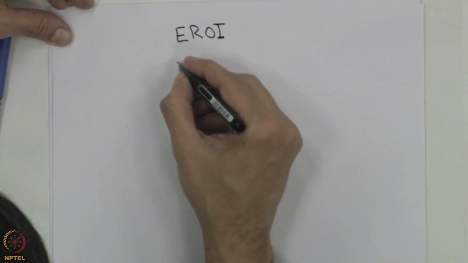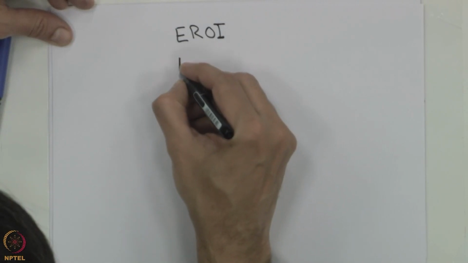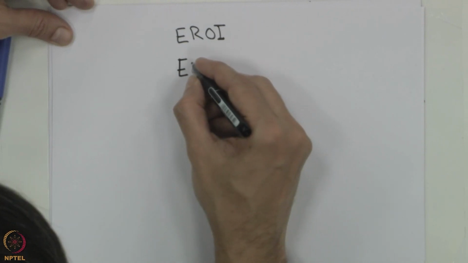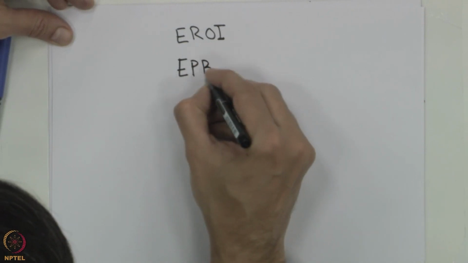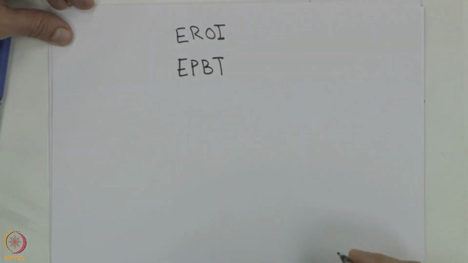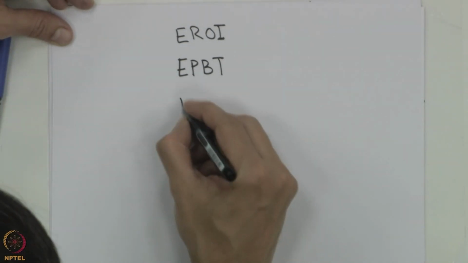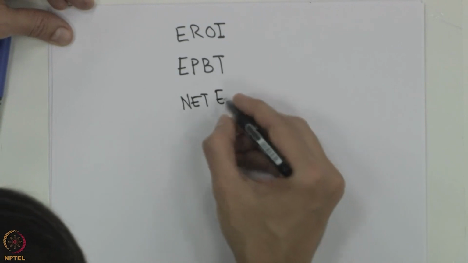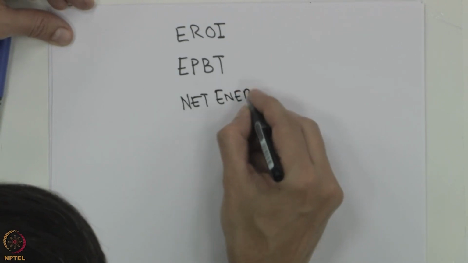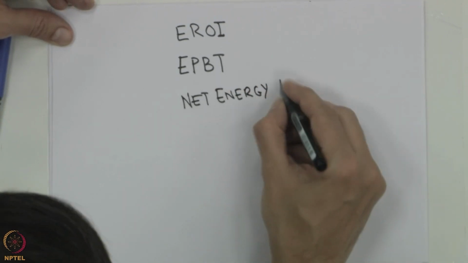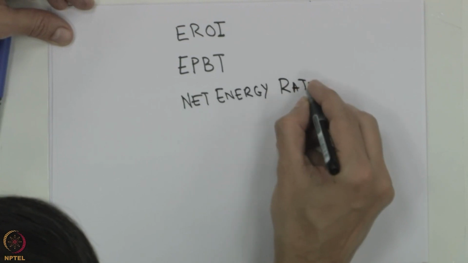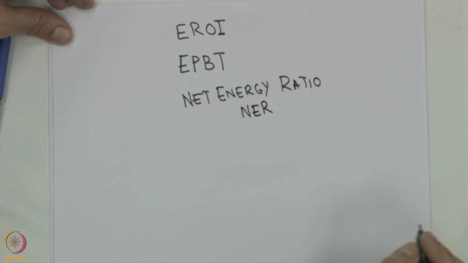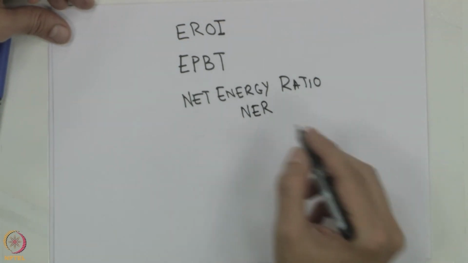We also looked at the energy payback period, which is energy payback time, EPBT, and then the net energy ratio, NER, similar to the energy return on investment. Remember, in the NER we were not using the renewable energy sources in this.